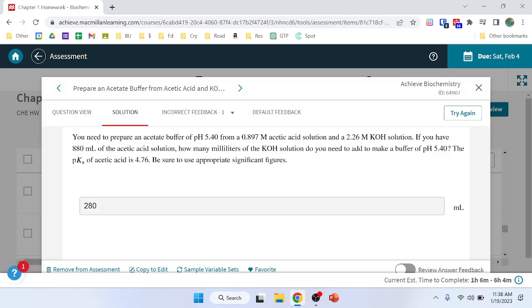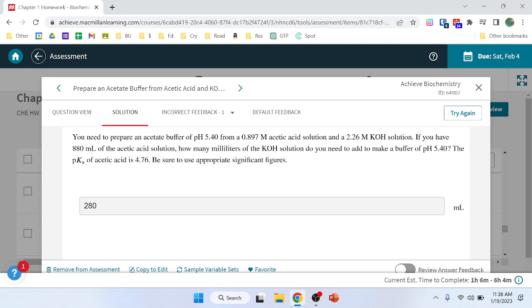I can go ahead and reduce my number of sig figs now. I have a log in here, which is what causes me to only have 2 sig figs, right? If you remember the rules for that, it's the number of decimal places that has to do with the 10 to the power of, the number you get out at the end.